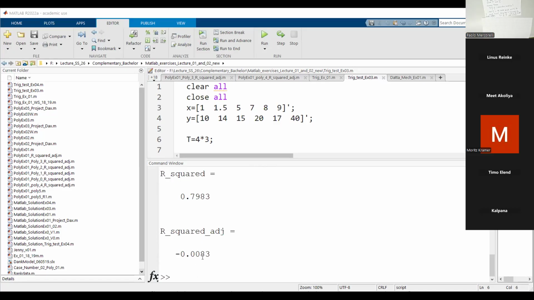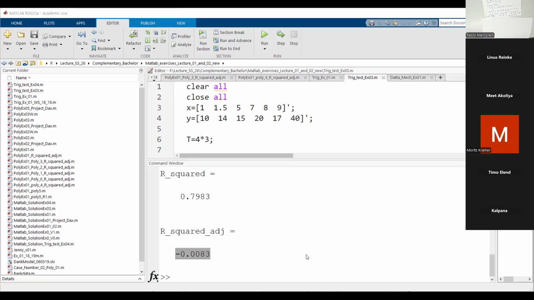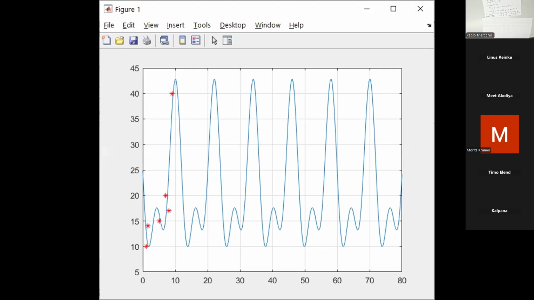Yeah, look. We can realize that something doesn't work because R squared adjusted must nevertheless be positive. Remember this concept. Look optically. As I told you, if you reduce this T, we can have some problems. Optically, again, we cannot realize so much.